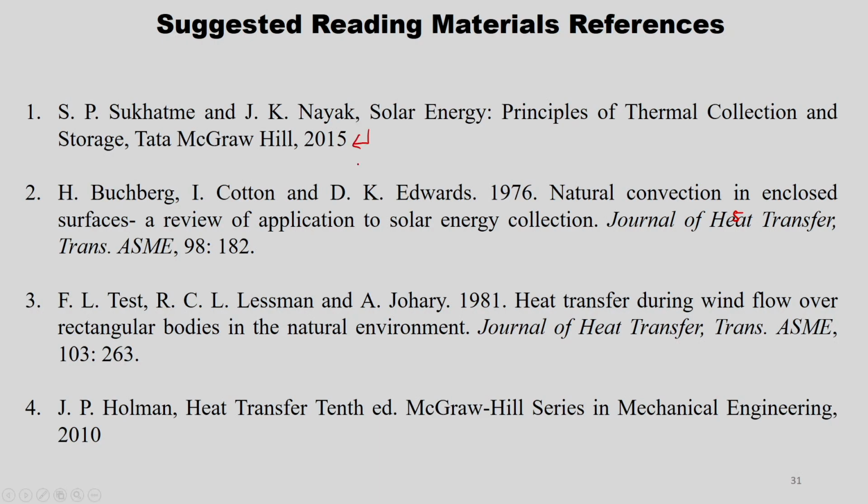The basic design of the problem is taken from Sukhatme and Nayak for all collector details, and Beckman, Cotton and Edwards is used to calculate the h_pc value, the Nusselt number correlations we used in this lecture, and Test et al. is used to calculate the h_w correlation. And then Holman, you can use it to get thermal conductivity k, nu and alpha values for various temperatures.